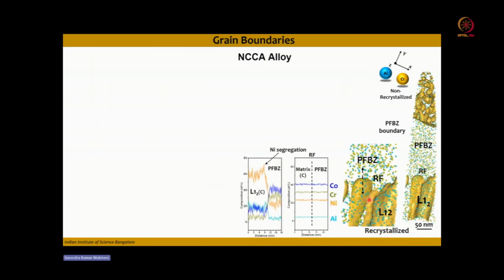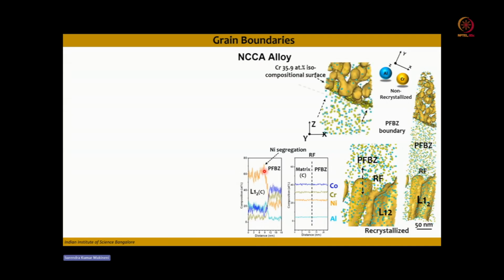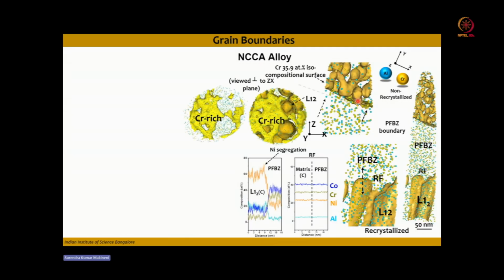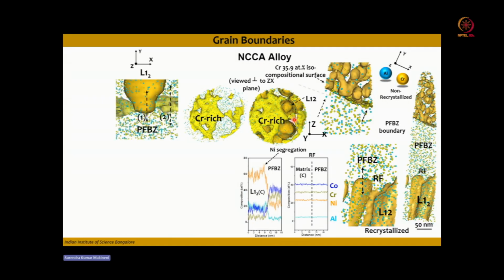If you see the profile across the reaction front in the gamma prime, there is a nickel enrichment. However, if you see the boundary between the PFZ and the non-recrystallized grain, you can see that there is a change in composition. If you do the top section, then you can see there is a chromium enrichment, and in between the chromium enrichment, you can clearly see that there is a dissolution of precipitates happening.